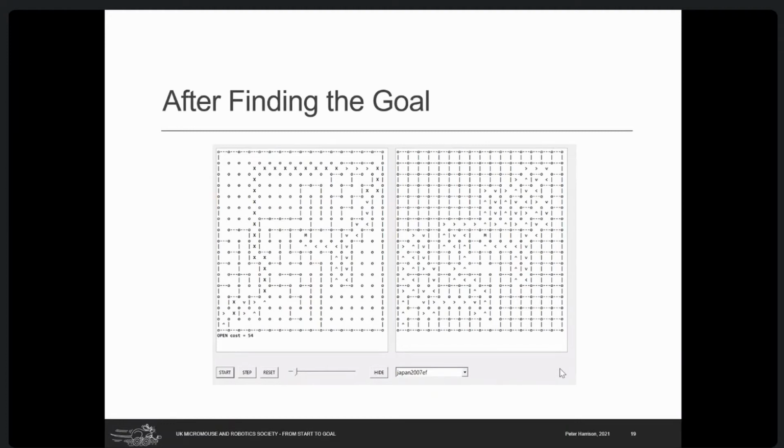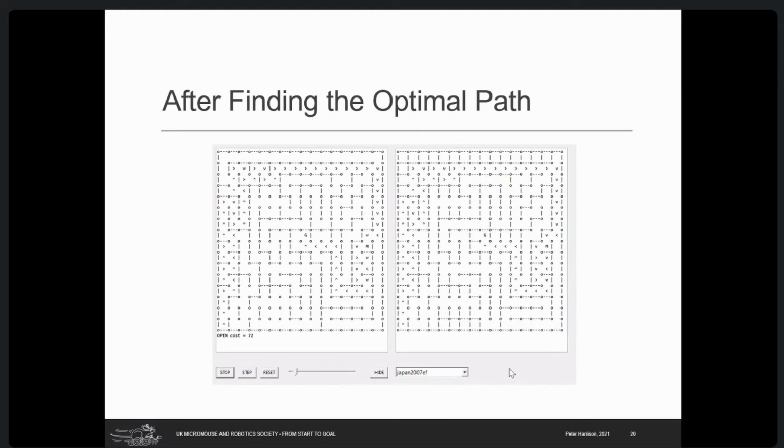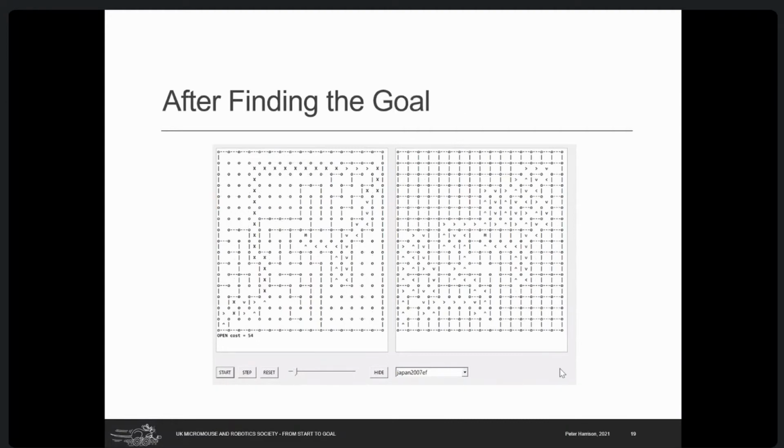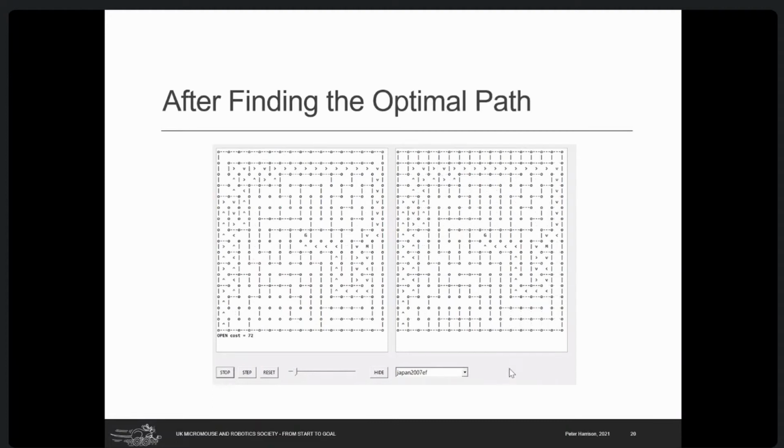So we do a bit more exploring. I should say at the bottom left there, you can see the open cost, if you can read that, of 54. That's the number of cells taken to traverse the maze with an optimistic, unsafe path. When we finally got our optimal path again, you can see that the open cost has gone up, and that the path in the open maze and the path in the closed maze should be the same.